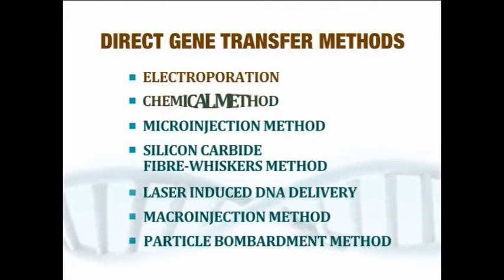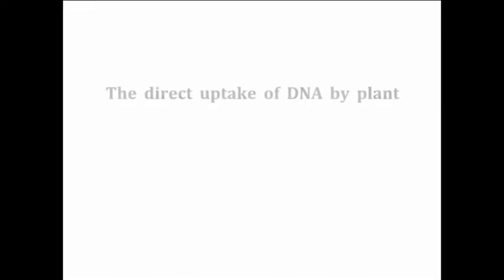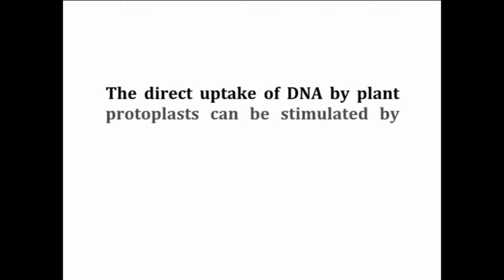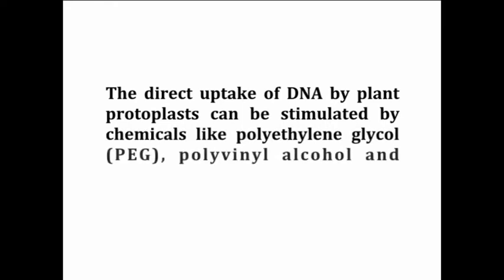Now we will have chemical method. This method involves the use of chemicals for transfer of foreign DNA into plant cells. The direct uptake of DNA by plant protoplasts can be stimulated by chemicals like polyethylene glycol, we call it in short PEG, polyvinyl alcohol, and calcium phosphate.